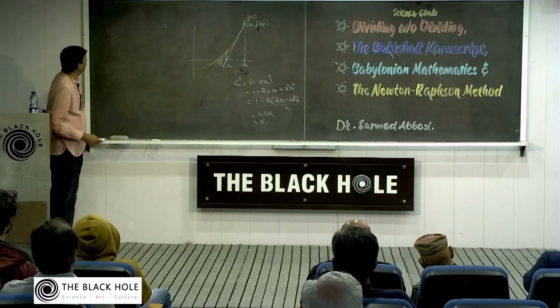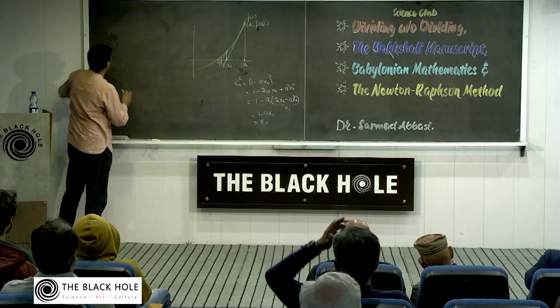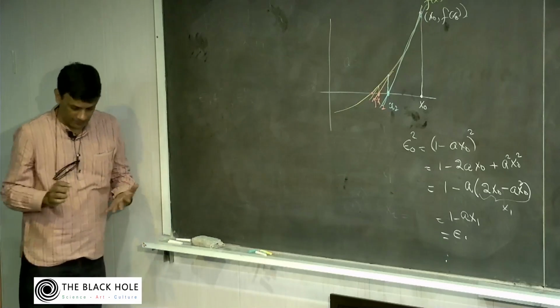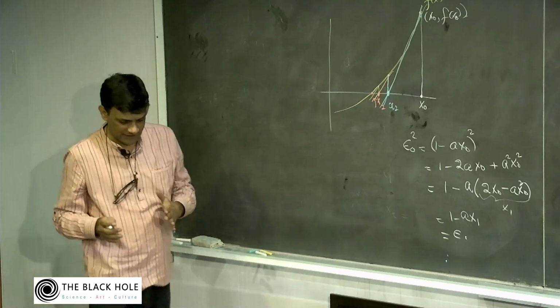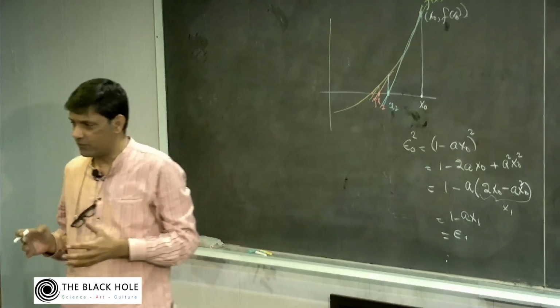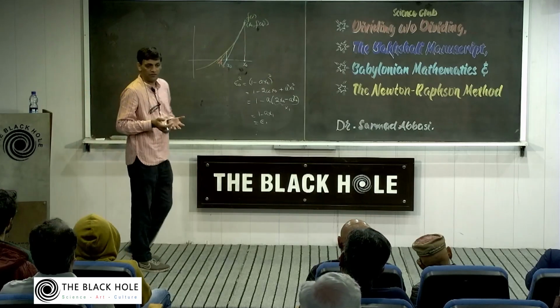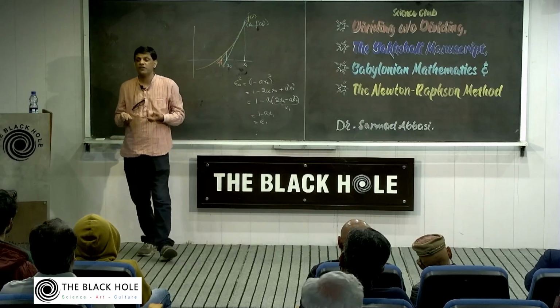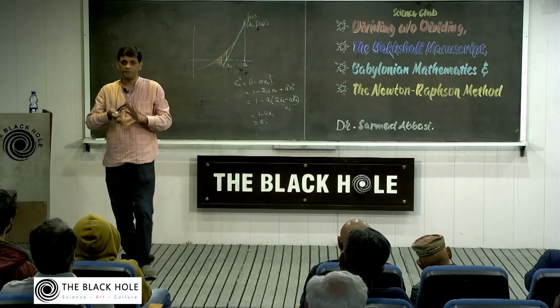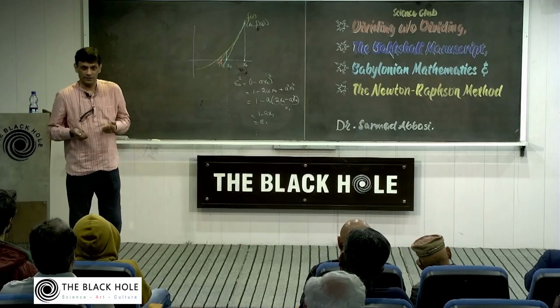So the second function that I'm going to apply this to, okay, if you look at the ancients, right, ancient mathematicians, there seem to be some obsessions, okay? And one of the obsessions is about calculating square roots, okay?